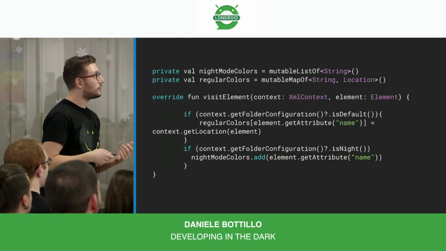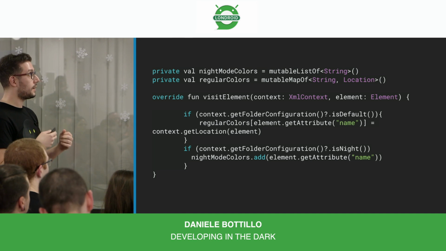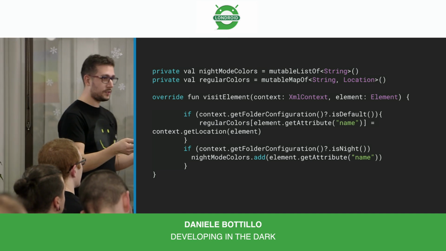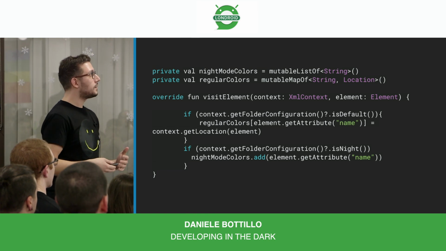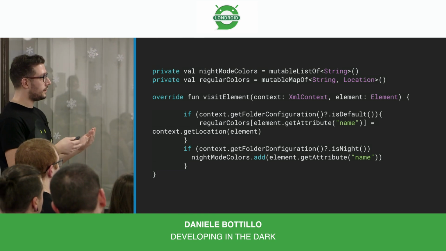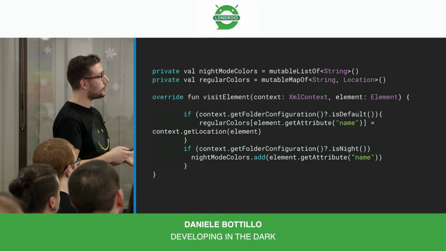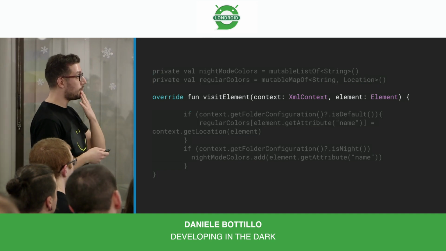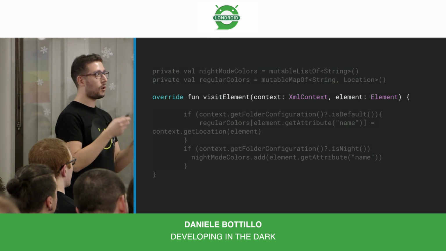So the way you do this in Lint, Lint gives you an option. Lint will go through all your project and gives you an option to do detection on the file that it is visiting. In this case, we are visiting all the colors defined in your project. So you can override this callback in your detector to say, okay, I'm visiting this element, think about color white.